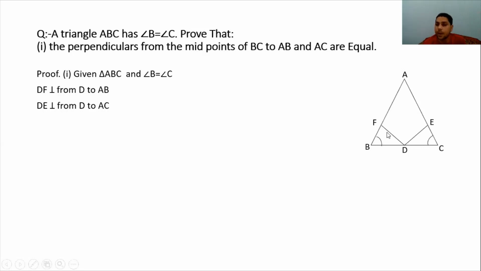When we draw a perpendicular, we have an angle of 90 degrees. Remember this: whenever we draw a perpendicular, on the side where we are drawing the perpendicular we have an angle of 90 degrees. So at F we have an angle of 90 degrees, and at E we have an angle of 90 degrees.